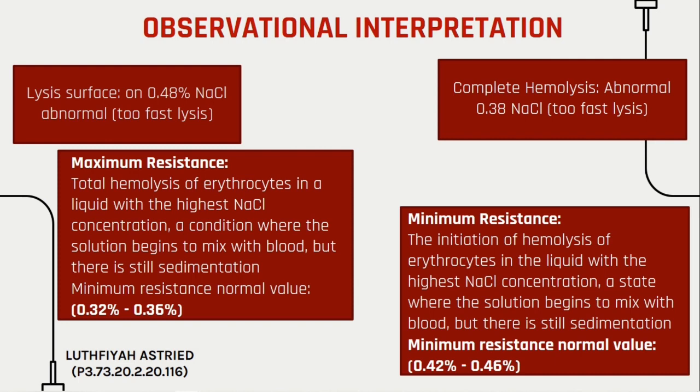condition where the solution begins to mix with blood, but there is still sedimentation. Minimum resistance normal value is 0.32% to 0.36%. And the minimum resistance is the initiation of hemolysis of erythrocytes in the liquid with the highest sodium chloride concentration, a state where the solution begins to mix with blood, but there is still sedimentation.